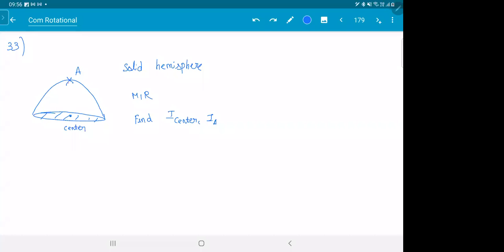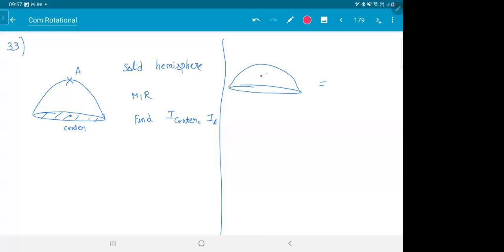First of all, what about I center? Anyone got that part? See, the catch here is with this hemisphere, can I do it like this?